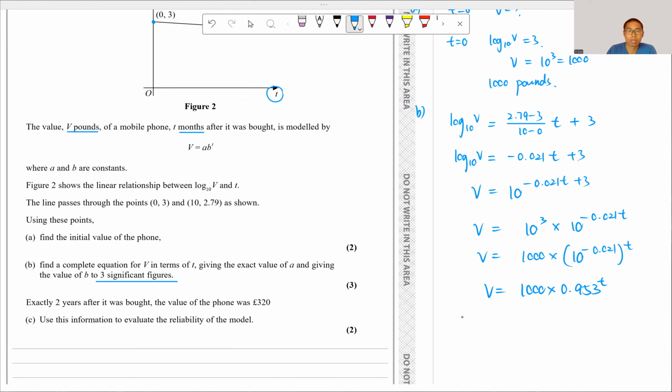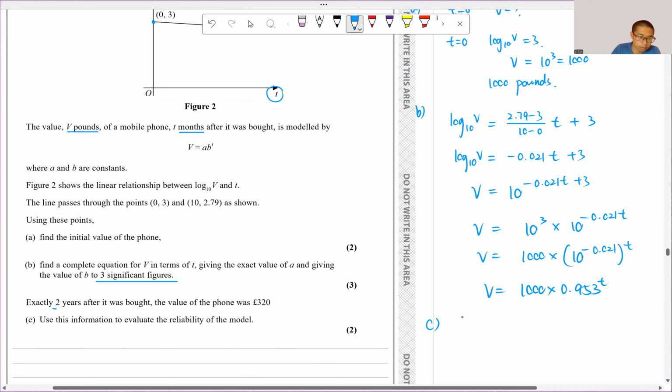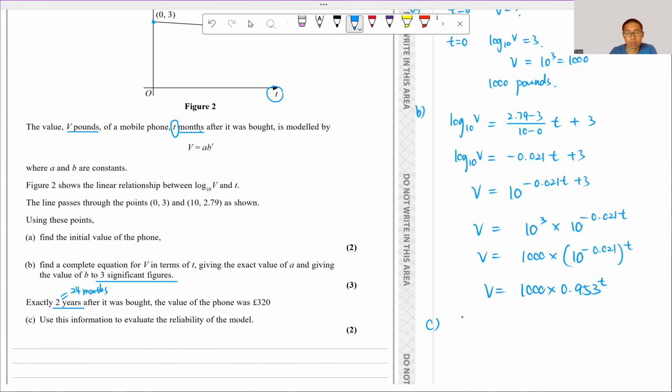So let's work it out. We have to be careful about the units because T is in months, but this is 2 years. If we change it into months, that should be 24 months. So T is not 2, T is equal to 24. We have to be careful on that.